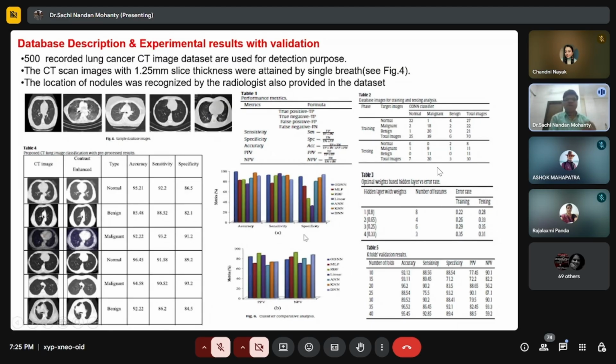We use the deep neural network, KNN, artificial neural network, radial basis function, multilayer perceptron, and then the ODNN, optimal deep neural network. Out of all these methods, our method does not give 99% accuracy, but a little bit less, 96.52. We are satisfied with our results.